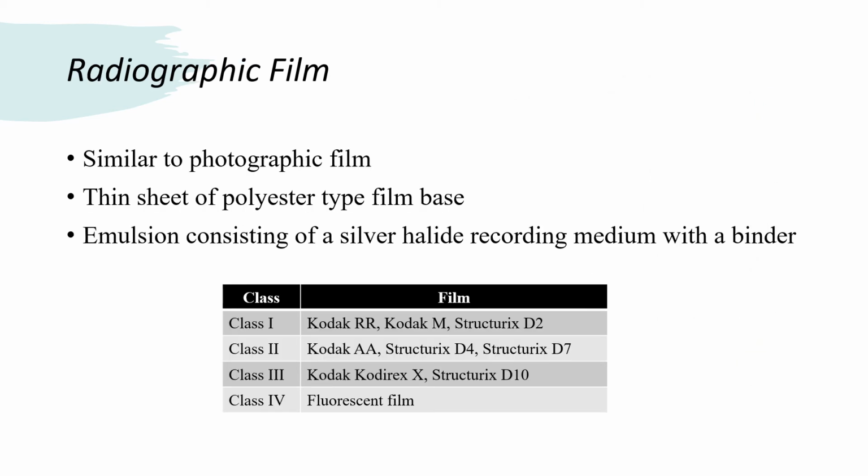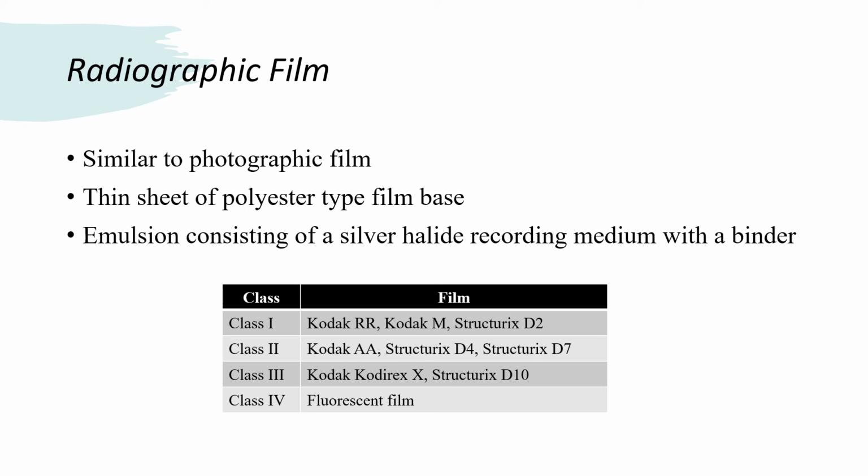Next is radiographic film. Radiographic film is similar to photographic film in that there is a central carrier called the film base that is made of thin sheet of polyester type material. This is normally transparent and serves only as the carrier for the chemically reactive material that forms the emulsion.